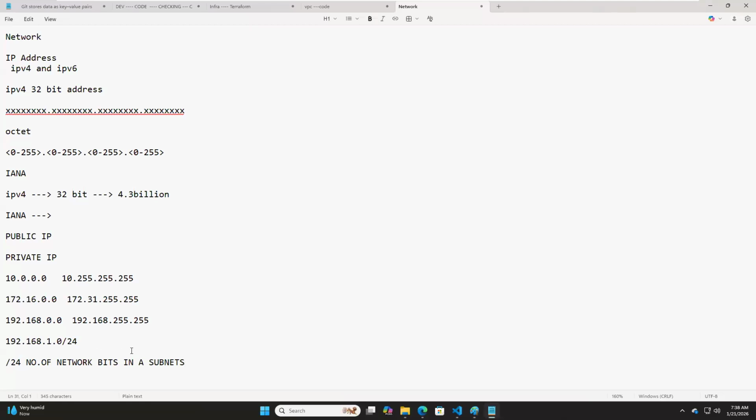So the subnet mask of this network is 255.255.255.0.